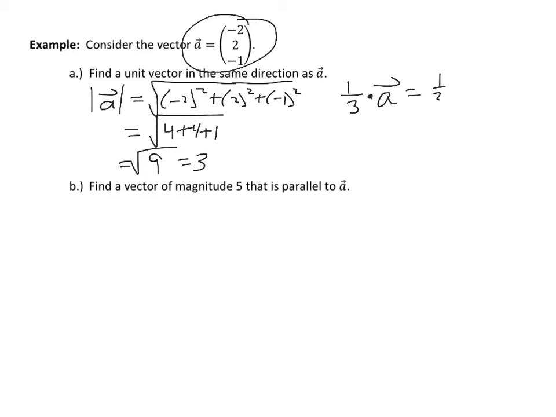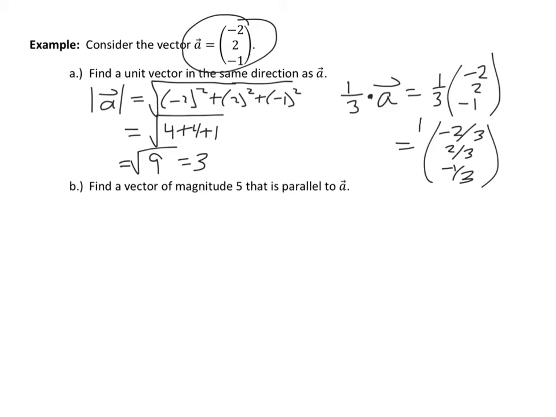So I would do 1/3 times -2, 2, -1. That gives me the vector negative 2/3, 2/3, and negative 1/3. All I'm doing here, as we've done with scalar multiples, is distributing this scalar factor into the 3 components. So this is my answer for part A. This is the unit vector that's in the same direction as A.